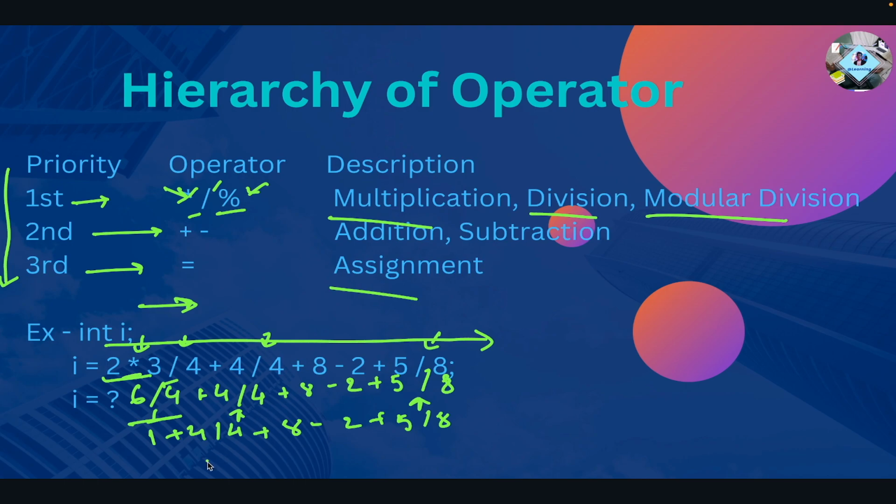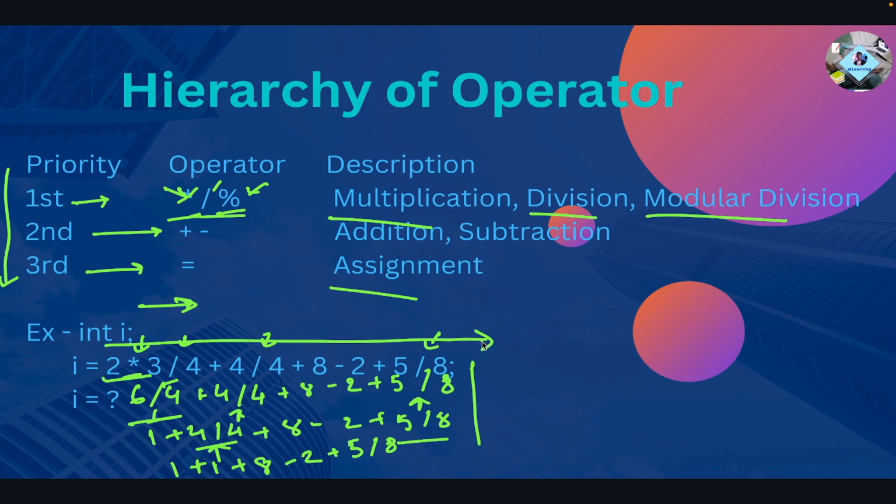Then what will we do? Remember that we will first evaluate all the multiplication and division operators. Plus and minus will be after that. So first of all we have to evaluate this and this, right? So let me write here 1 plus 4 by 4, which means the quotient is 1, right? Then plus 8 minus 2 plus 5 divided by 8.